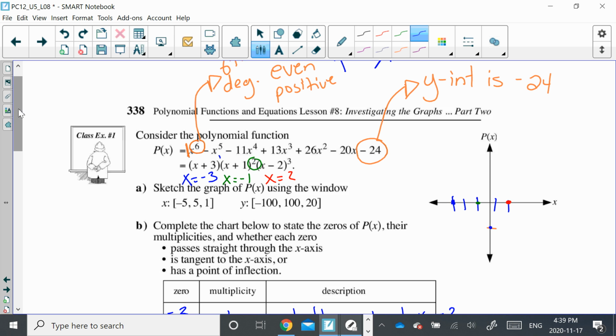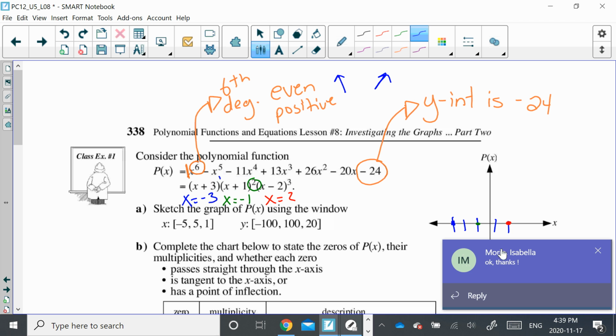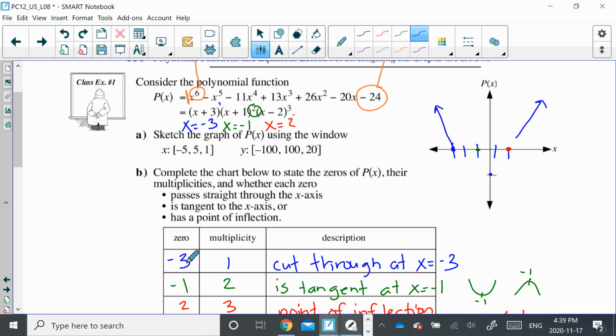And without even graphing this on my calculator, I know the end behavior: the left arm must rise and the right arm must rise. So it's got to do this, and it's got to do this. At negative 3, it is going to just cut through it.